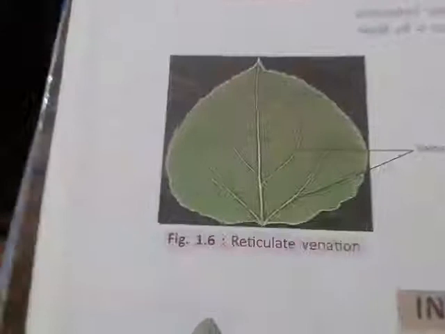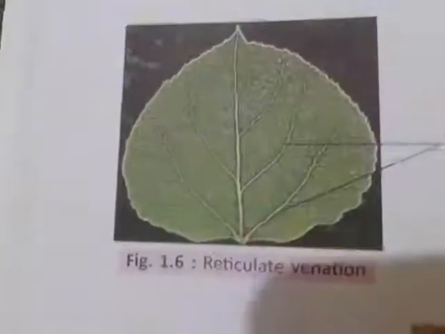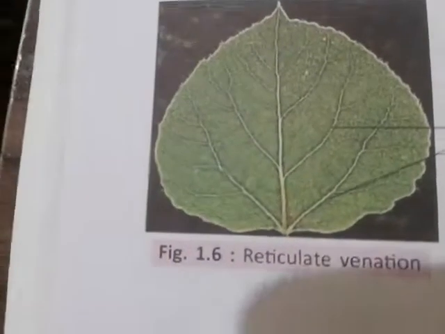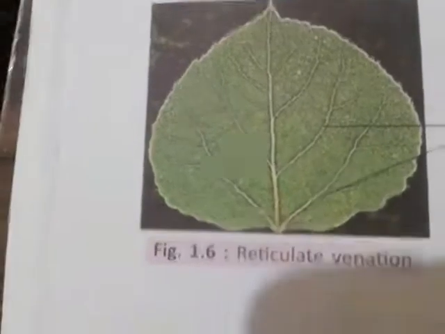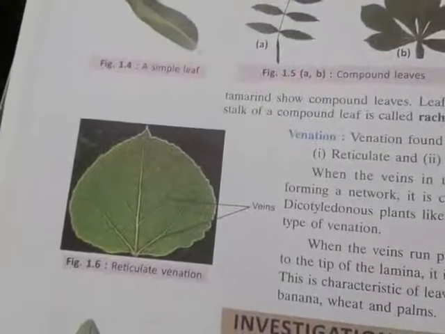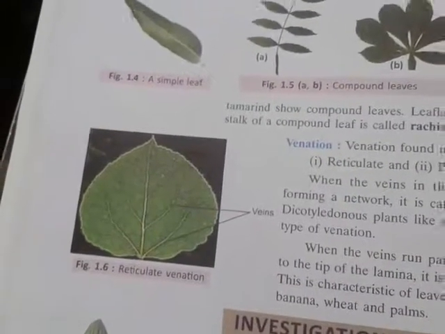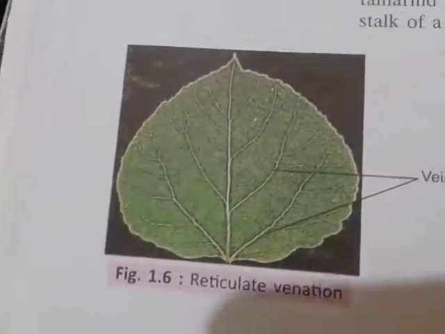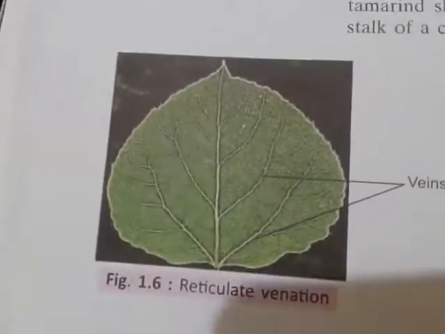So these two types are there. Venation is of two types, that is your reticulate venation and parallel venation. The question will come, so what is venation? Venation basically is the vein and veinlet arrangement in a particular leaf.